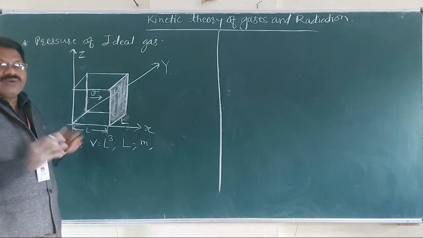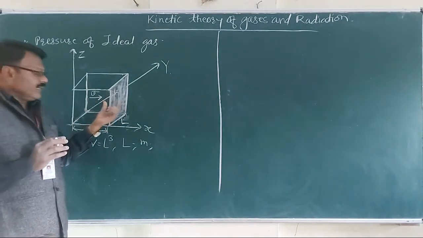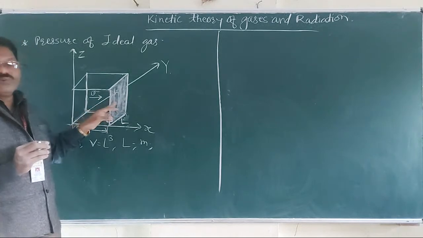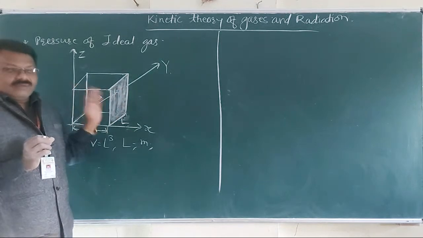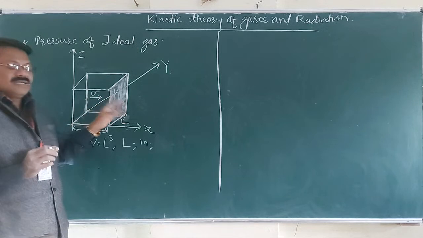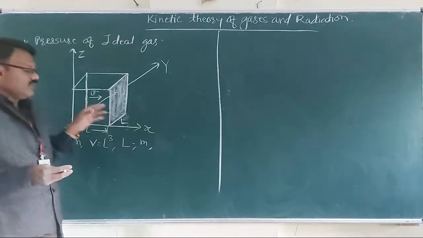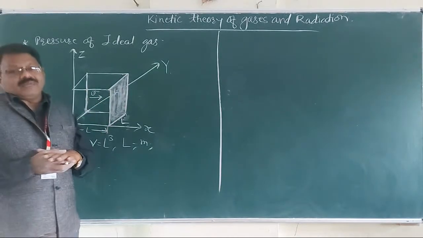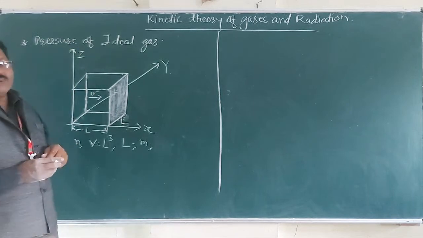Collisions between the molecules are neglected, and there are collisions between the molecules and the walls of the container, and these collisions are elastic. And when these collide with the walls of the container, they exert pressure on these walls, and we want to find this pressure.